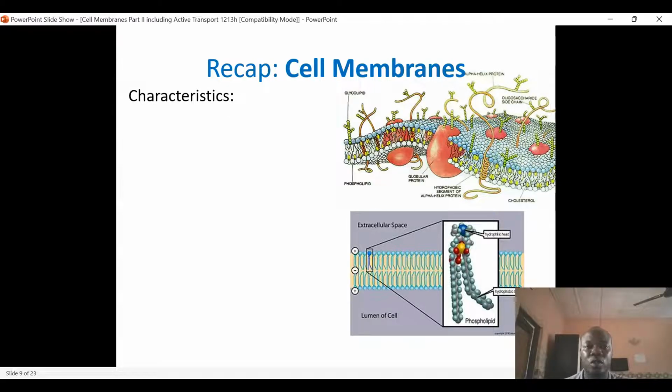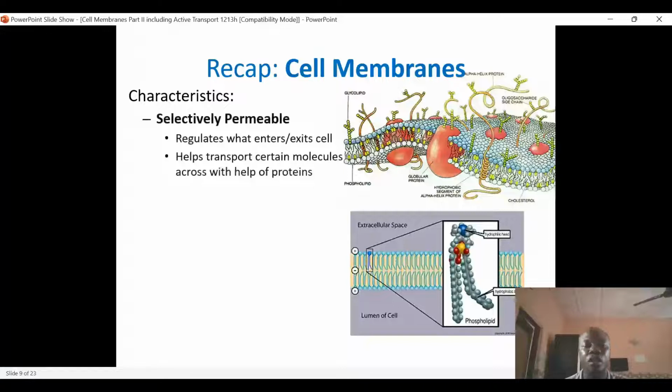So now we are going to recap the characteristics of the cell membrane. So first, the cell membrane is selectively permeable, so it controls or regulates what enters and exits the cell. It helps transport certain molecules across with the help of proteins.